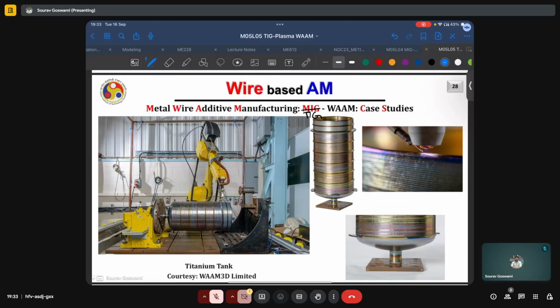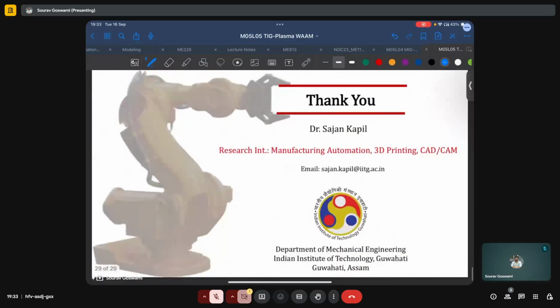And that's why, as I was saying, WAAM is truly one of these processes which has shown enough potential and promise to be industrially scalable, as opposed to some of the other AM processes which offer very great control over the build geometry, but because of the long build times and the complexities involved, or the limitations in part volume which can be printed, are not really industrially scalable.